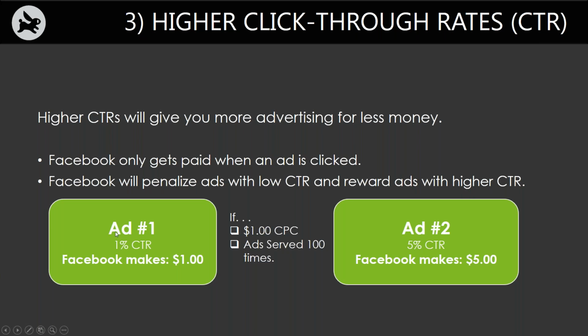But ad number 1, on the left over here, had a 1% click-through rate. So at $1 CPC, that means Facebook made $1. Ad number 2, over on the right, 5% click-through rate. 5 times out of the 100 times served it got clicked, so Facebook made $5, 5 times as much as with ad number 1. This is certainly an incentive for Facebook to say, why don't we level this out?